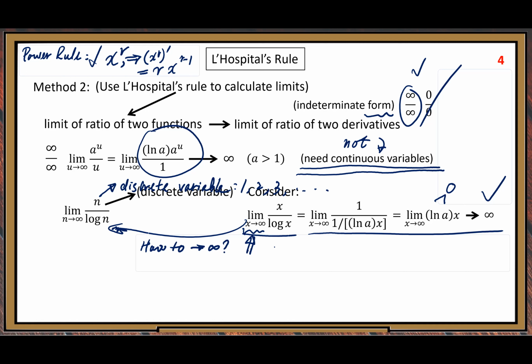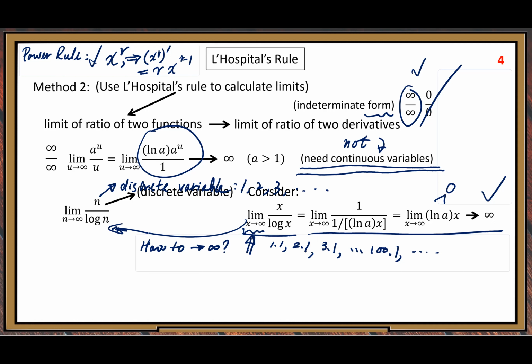Let me show you just a few of them. 1.1, 2.1, 3.1, 100.1, and so on. Is it okay? It approaches infinity in this pattern. This is one special pattern.